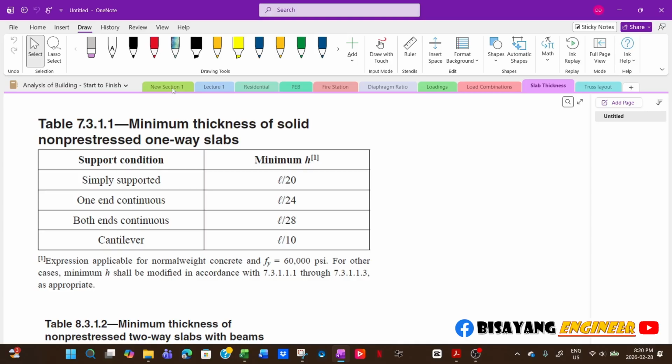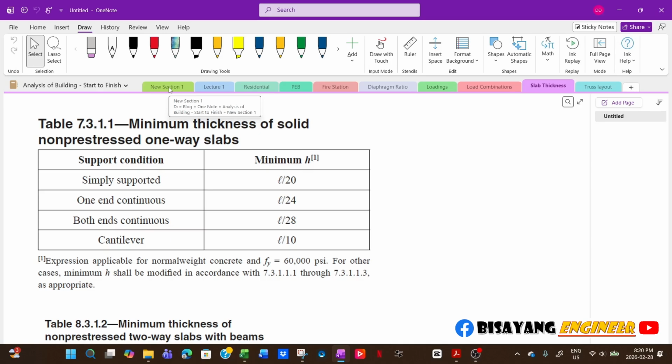So, for example, say you are limited to a slab thickness of 5. If you have a one-way slab, then you have simply supported. Usually for typical construction, you will have beams along the edges, so it will be fixed.